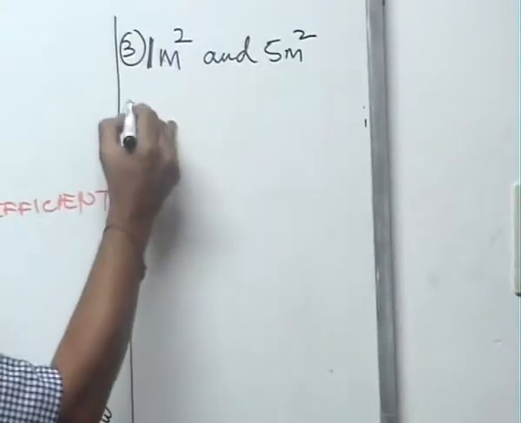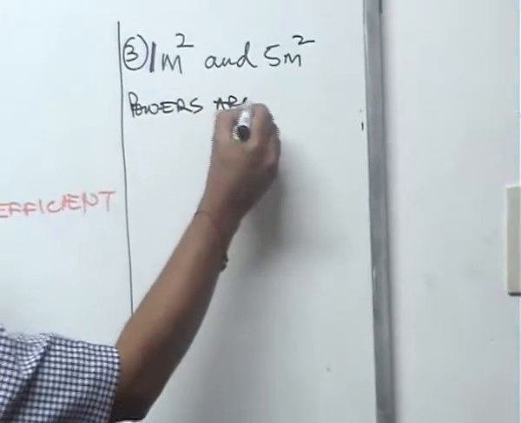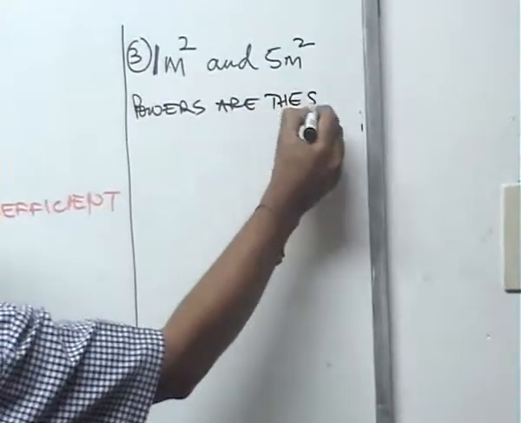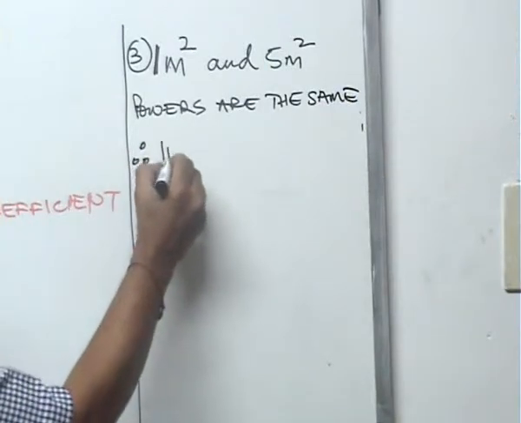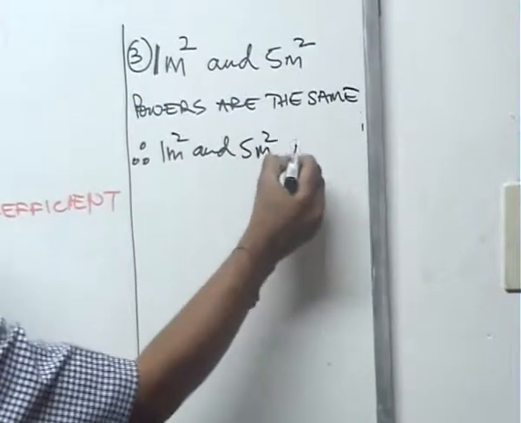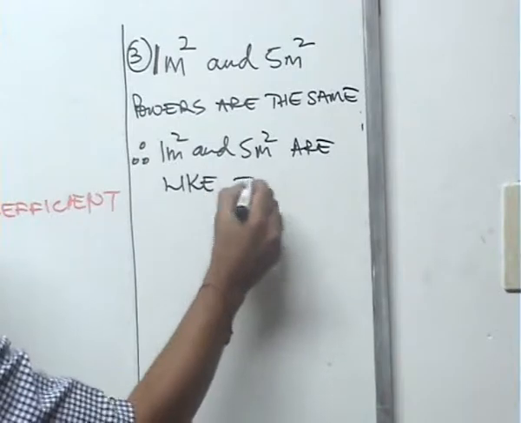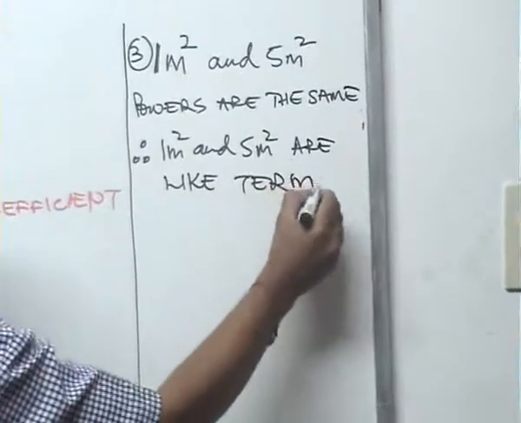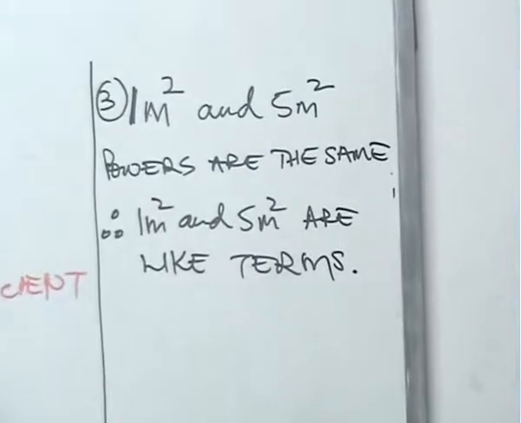The powers are exactly the same. Therefore, m squared and 5m squared are like terms.